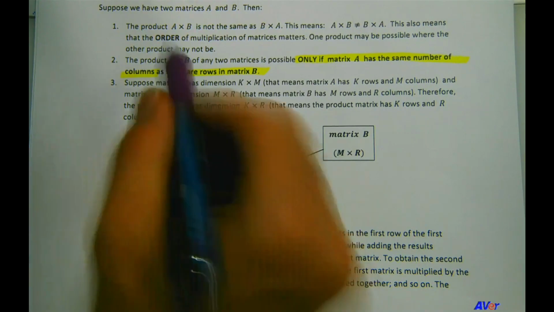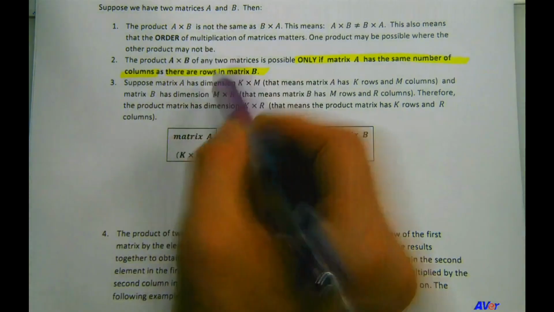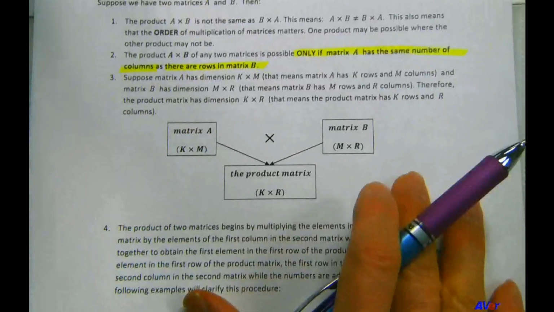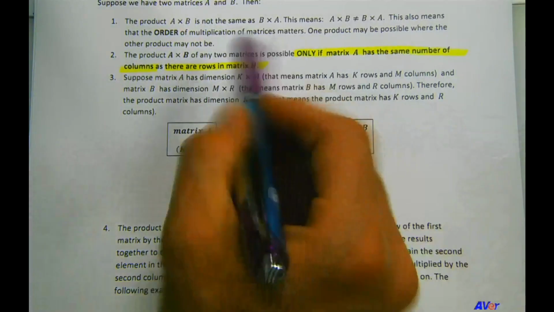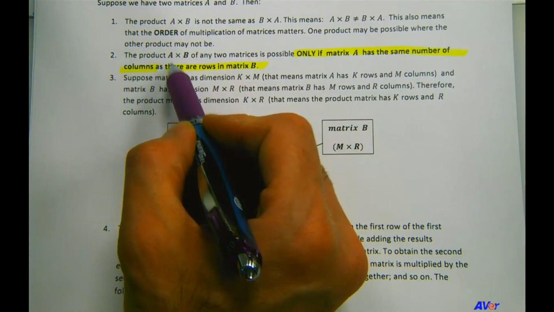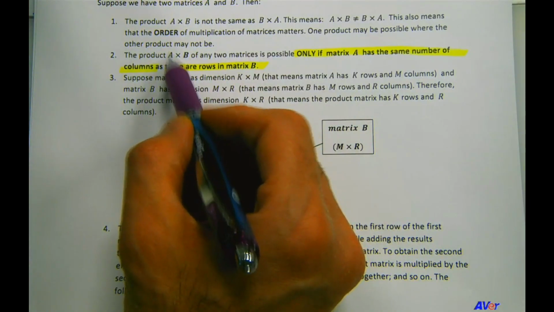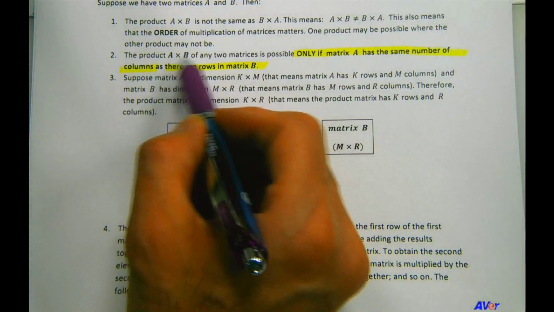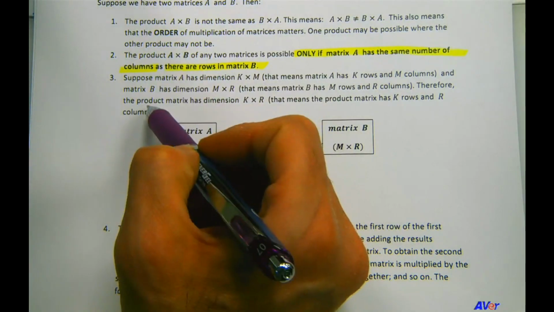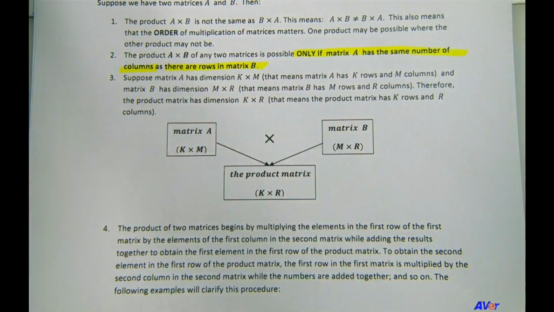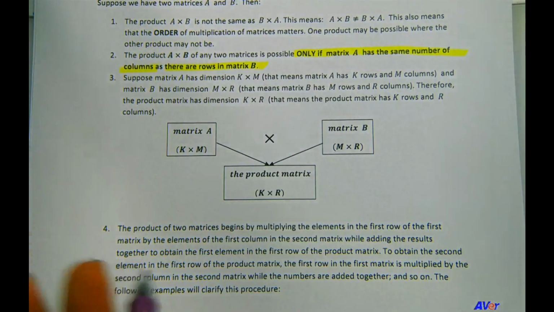We just mentioned that in order for multiplication to be possible, we must have an equal number of columns in the first matrix as number of rows in the second matrix. That's the condition for being able to multiply 2 matrices.